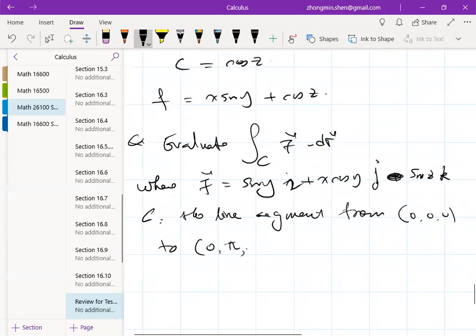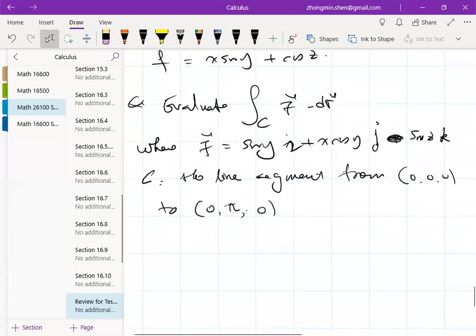Well, this is just a line segment. This could be 0, pi. Yeah, I'm going to put a pi over 2 here.